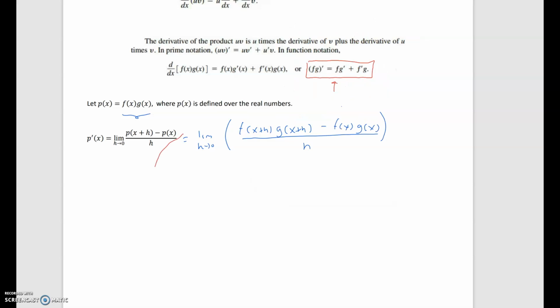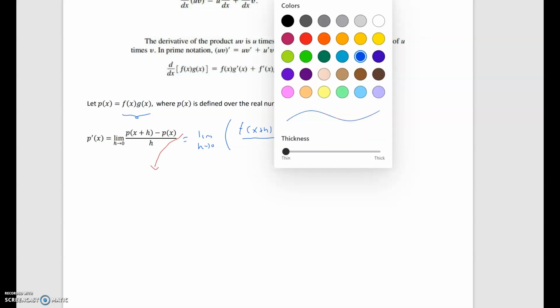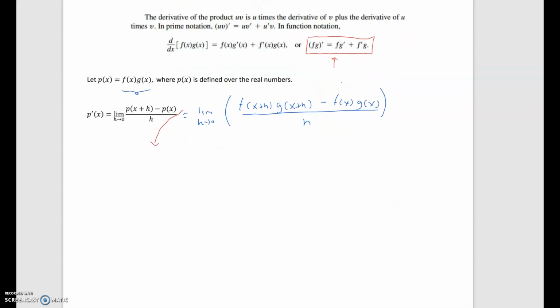In other words, there's a term that cancels out that we don't get to see in the evaluation of the product of two functions. So in this case, let me rewrite it as the limit as h approaches 0 of f of x plus h, g of x plus h, and I'm just going to say that this is 0, minus the function f of x, g of x, and then technically over h.